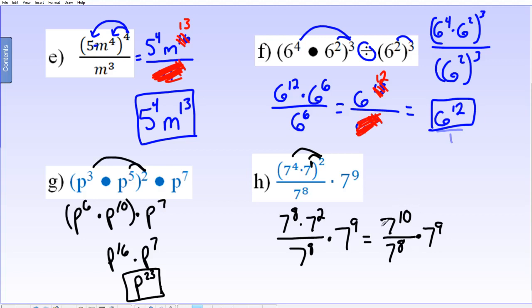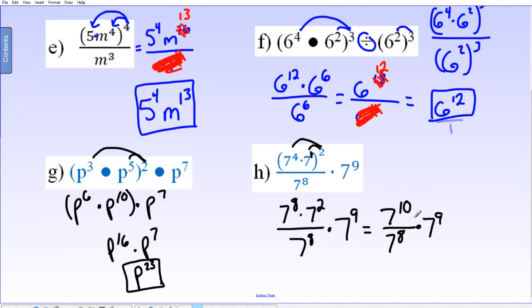Okay, if I can simplify this fraction, then I'll take whatever I get here and multiply by 7 to the 9th power and I'll be done. So my fraction piece here, I can cancel. I can subtract. I have 10. I'm going to take away 8. I'm going to take away 8 of them down here, take away 8 of them up here. Nothing left on the bottom, but there still would be 2 up top. 10 minus 8 is 2.